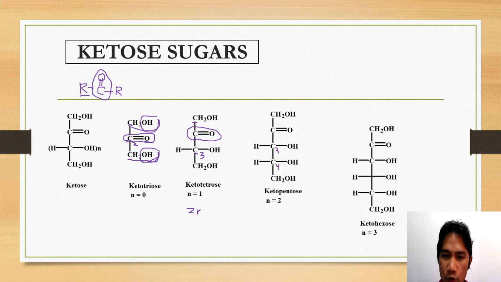If we put that in the formula, 2 raised to 2, therefore there are 4 possible arrangements. And a ketohexose has 3 chiral centers, so 2 raised to 3 gives 8. So a ketohexose has 8 possible arrangements of its atoms.